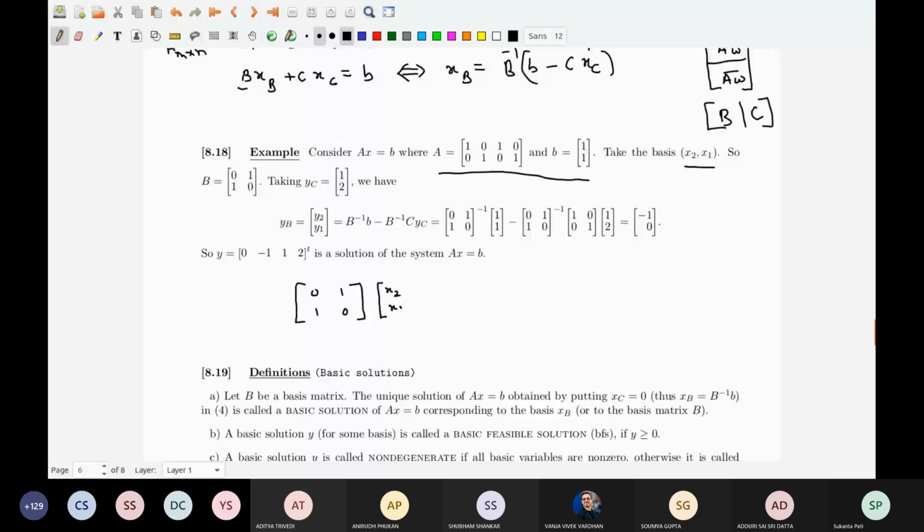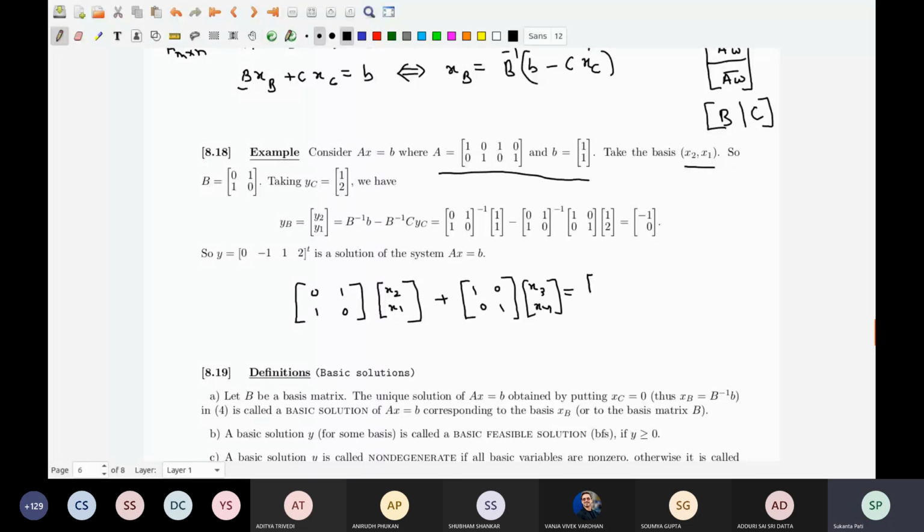So this is plus, what is the C matrix? Now C matrix is 1 0, 0 1, multiplied by xc. Now xc is equal to x3, x4. This is your system. This is equal to 1 1. So what was the equation over here?